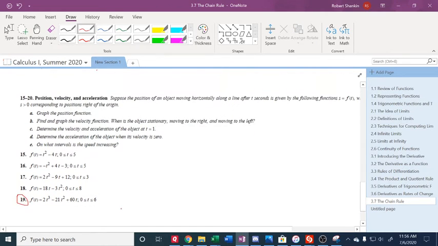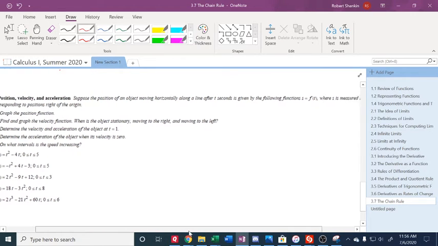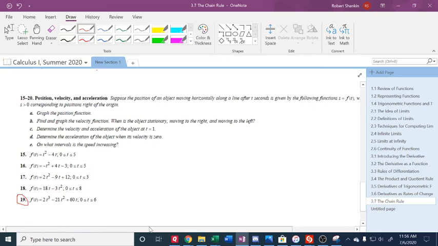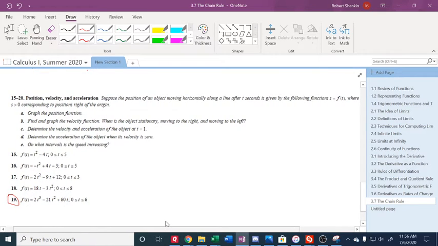Alright, so it says suppose the position of an object moving horizontally is given by this, and then where S is measured in feet, S is 0, corresponds, S greater than 0 is to the right. Okay, graph the position function, finding graph the velocity function.